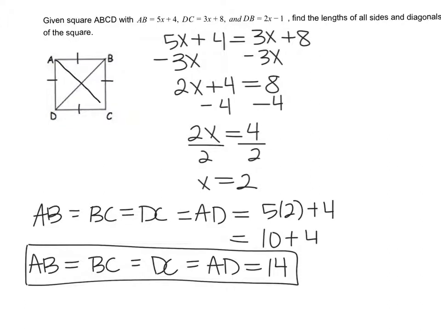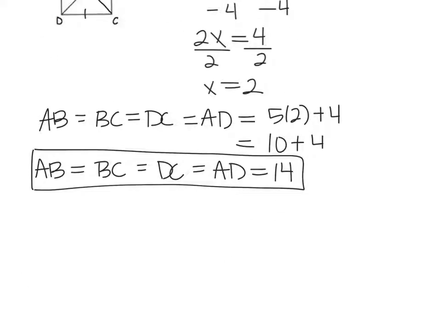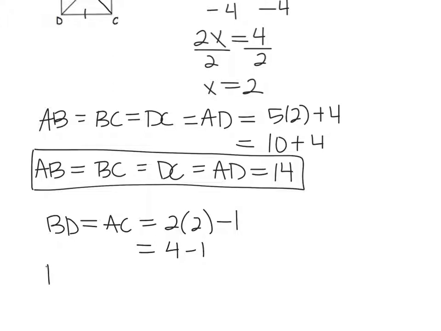And in a square, the diagonals are congruent, so BD equals AC, which has a length of 2x minus 1, so it's going to be 2 times 2 minus 1, which is going to be 4 minus 1, which means that BD equals AC equals 3.